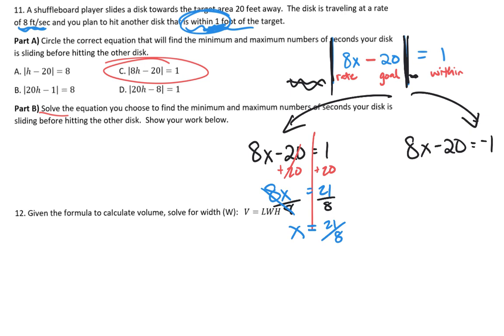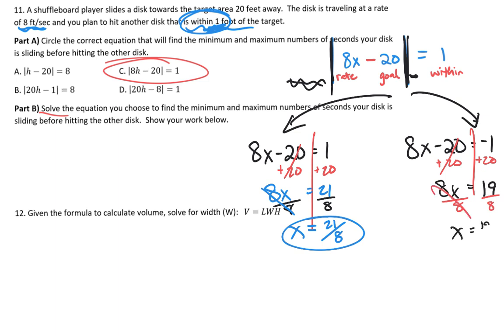Yeah. And then over here, same thing. Add 20. 8x equals -1 plus 20 is positive 19. Divide by 8, and x equals 19/8.